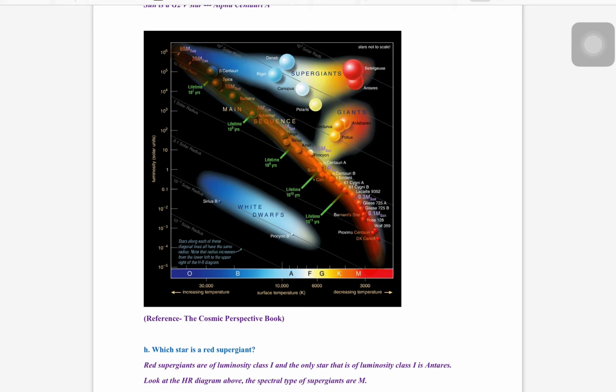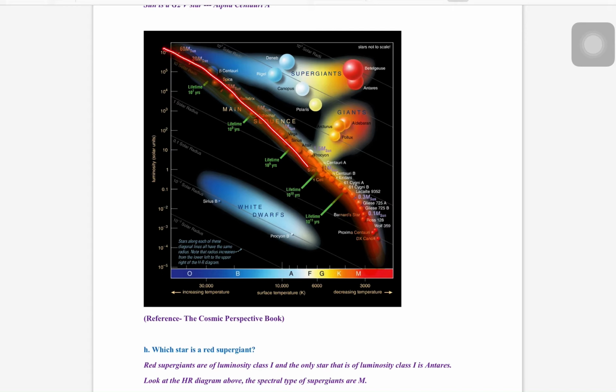And all the other stars in this region, which are not main sequence stars, have almost lost their fuel. Only these stars are still burning their hydrogen into helium, and all other stars have nearly lost their lives or have not much energy left, or we can call that the dying stage.